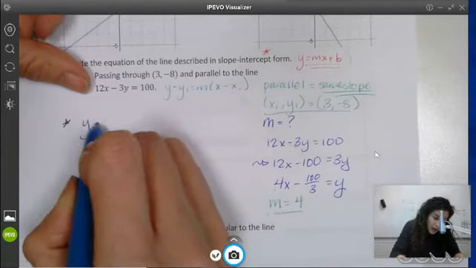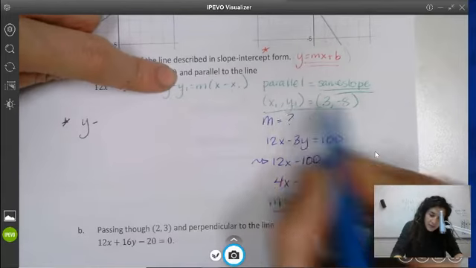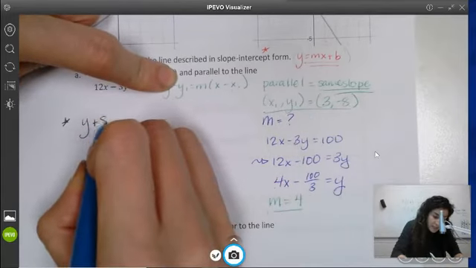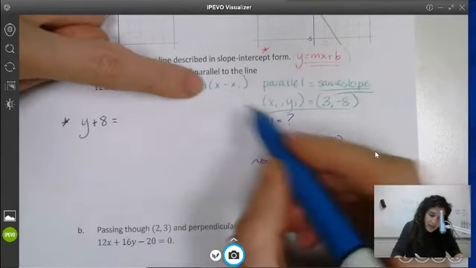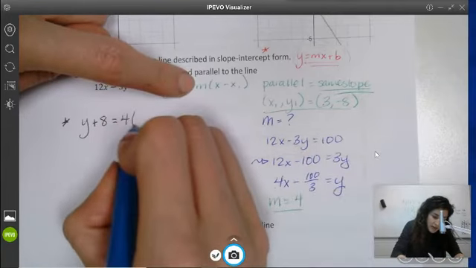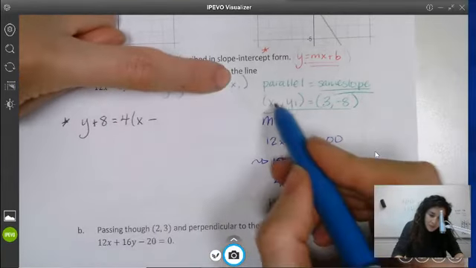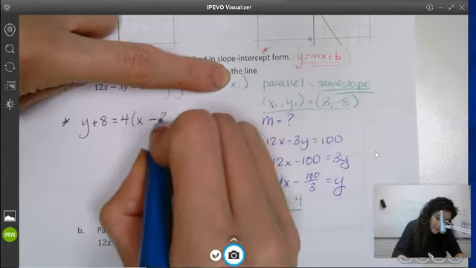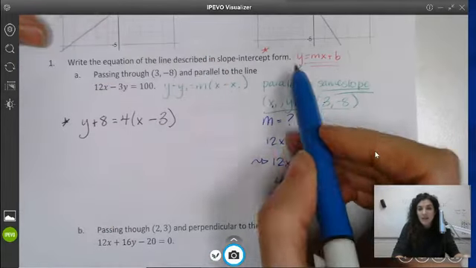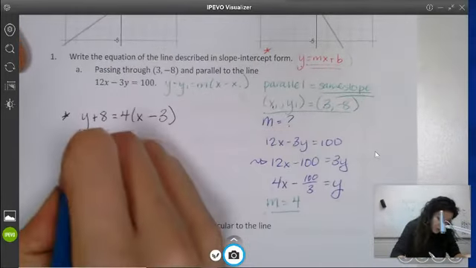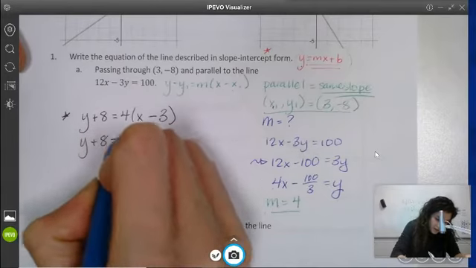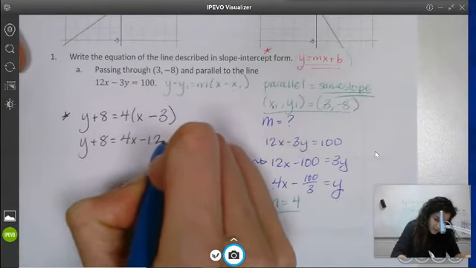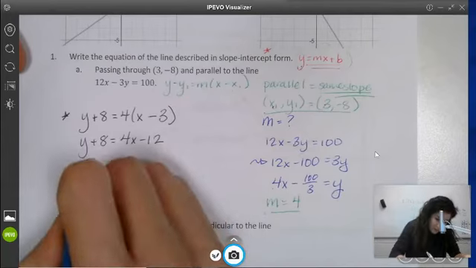So if I plug this in, we get y minus y1 is negative 8, so that becomes plus 8 equals m is 4 times x minus x1, which is 3. In order to get y by itself, I need to first distribute 4 to both of my terms. Then I need to subtract 8 from both sides.